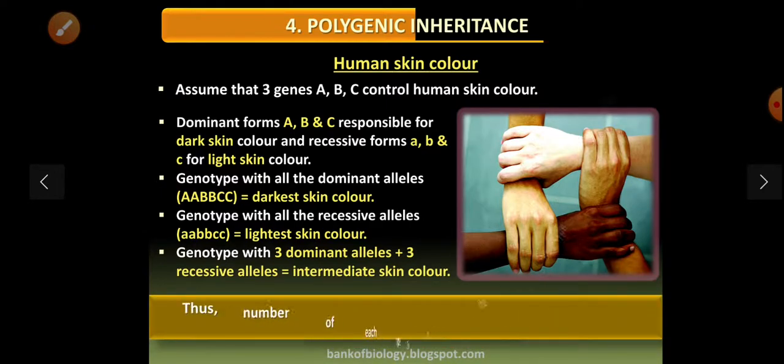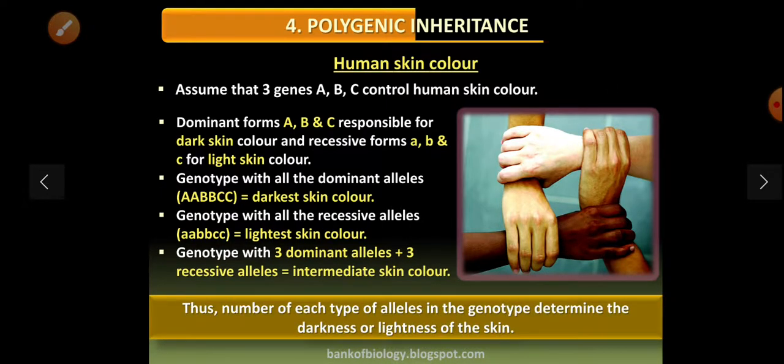Human skin color: assume that three genes A, B, C control human skin color. The dominant forms A, B, and C are responsible for dark skin color and the recessive forms are responsible for light color. The genotype with all dominant alleles gives the darkest skin color, and the genotype with all recessive alleles gives the lightest skin color.